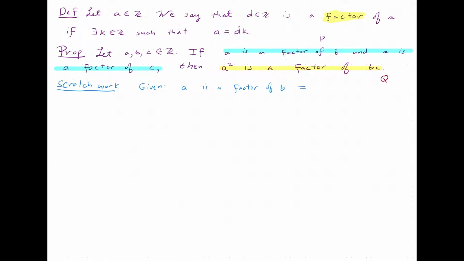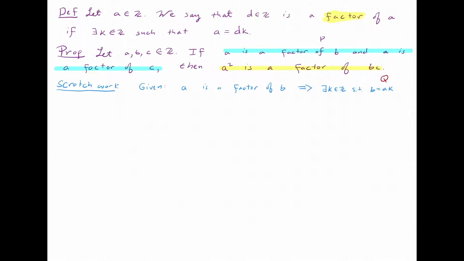And we know by definition that this is telling us that there is some integer k such that b is equal to a times k.